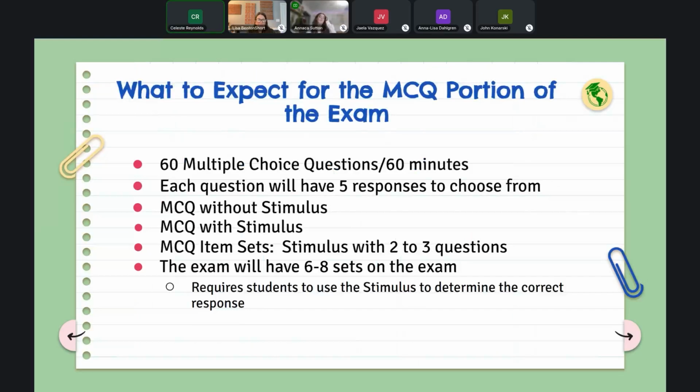Just like Lisa said, it's going to be 60 multiple choice questions in 60 minutes. I have to remind myself as a teacher that many of my students might be taking multiple AP exams, and so they have different exam structures. They always come in asking, how many questions again? How many minutes do I have? So keep reiterating.